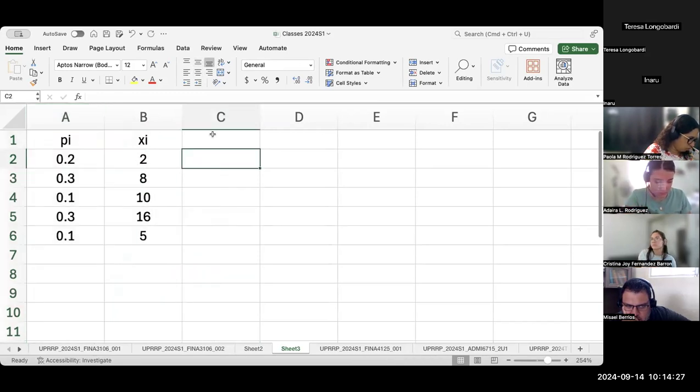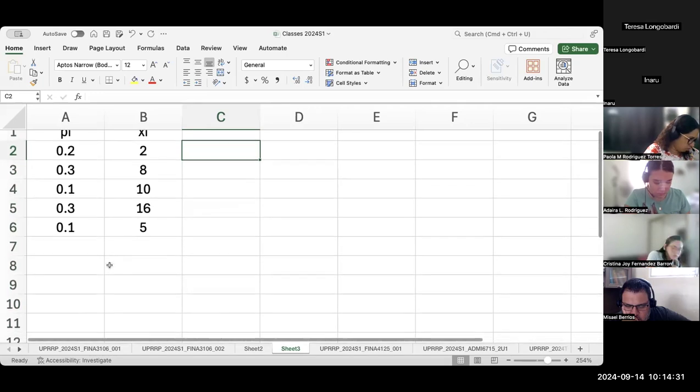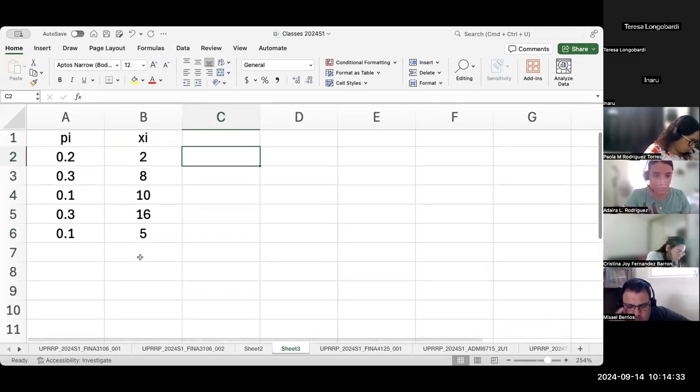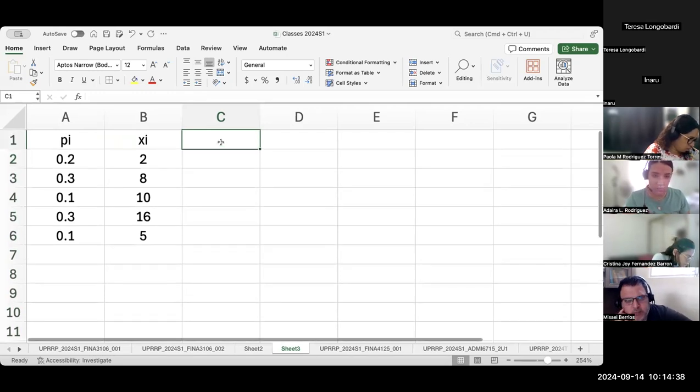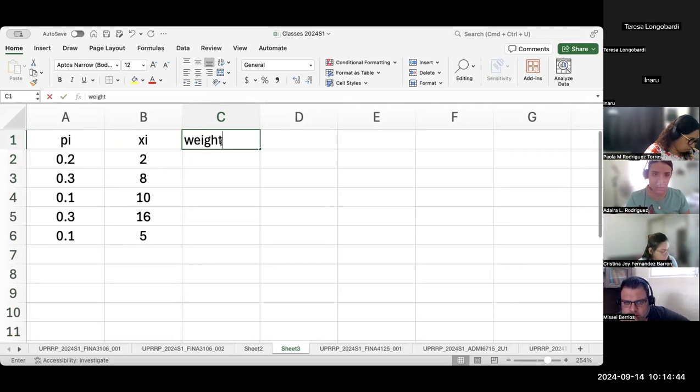Okay, so I'm going to multiply now. Actually, I'll do it up here and then I'll scroll up. So this is going to be to calculate the weighted mean. So remember, weight times score is what I need.